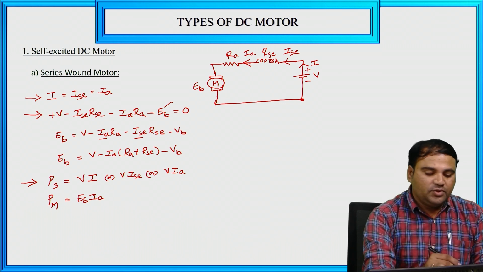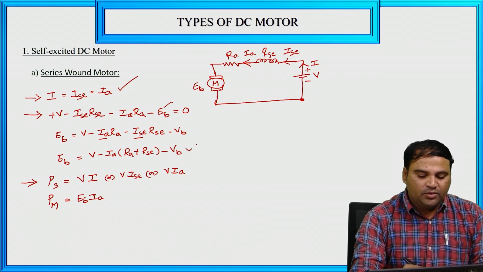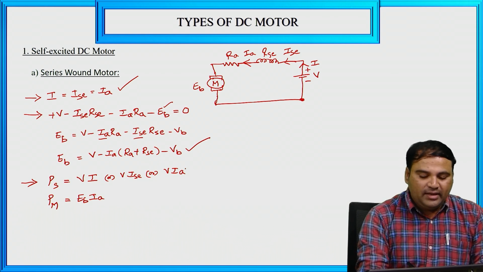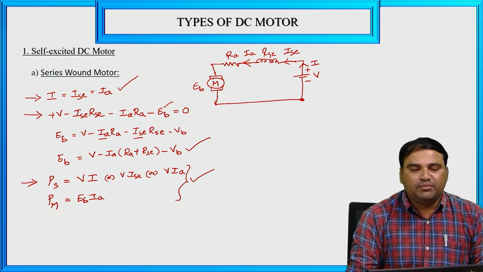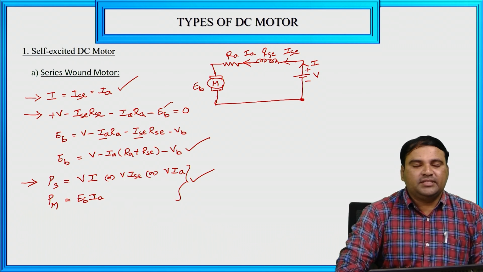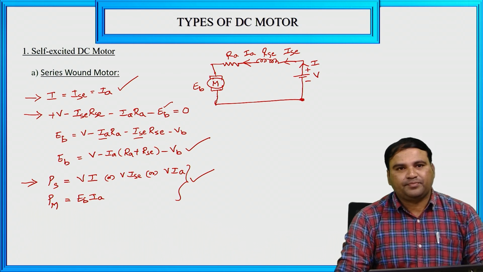So this is the current relation, this is the voltage relation, and these two are the power relations of the DC motor. So this is about the series wound DC motor current, voltage and power relations.